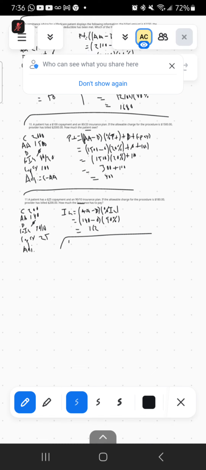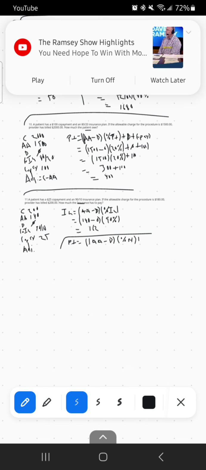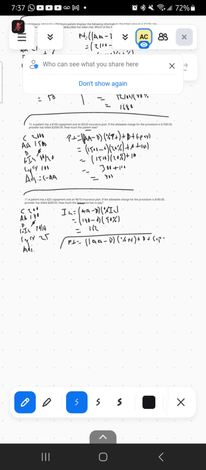Let's see for the patient. So the patient will pay the allowed amount minus deductible times the percentage for the patient, plus deductible plus co-payments. The allowed amount is 180 minus 0 times patient pays 10%, plus 0 for deductible.